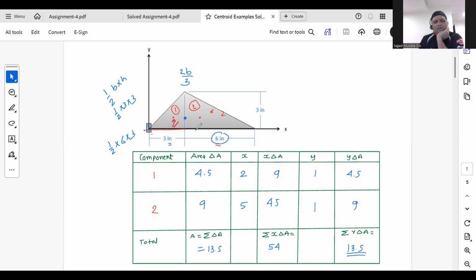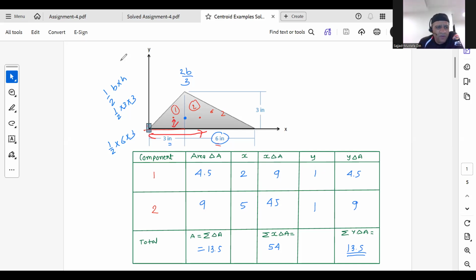And in the case of the second shape, the x component is going to be all the way from the reference to here, but the y is going to be the same for both. In this case, x is going to be 2 plus 5.